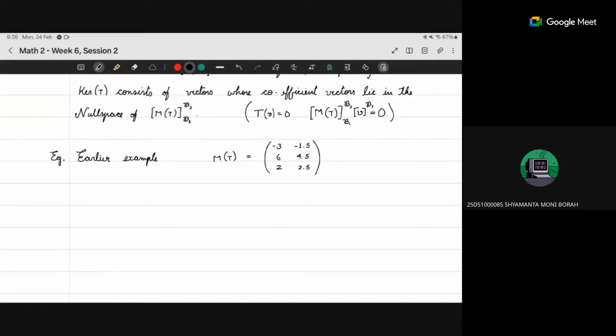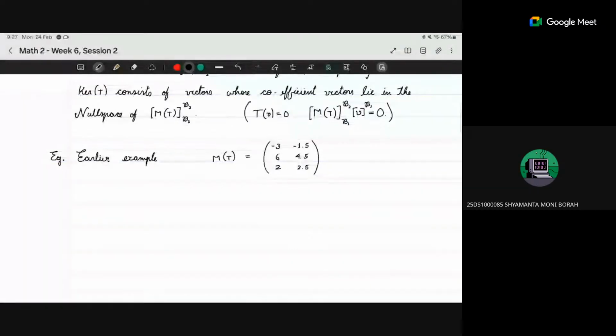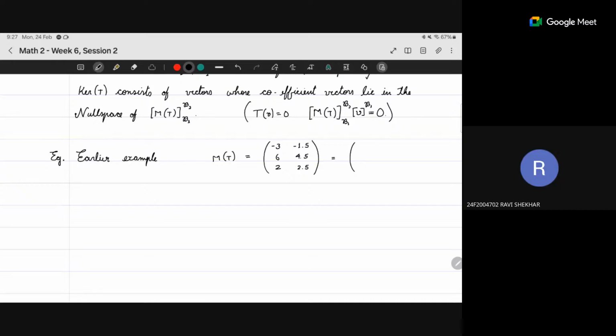Now, if I want to see what the nullity of this, or what the null space of this is, what do I do? Row reduction. Gaussian elimination.